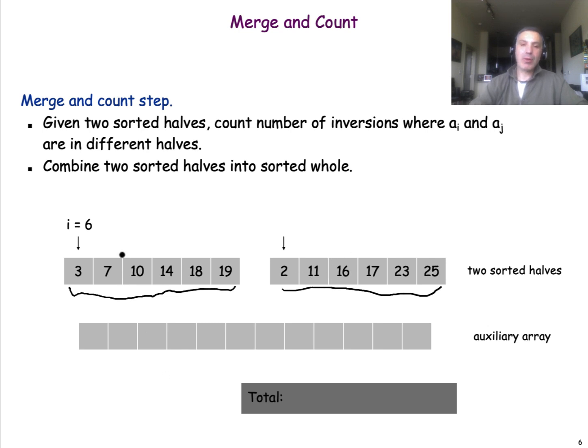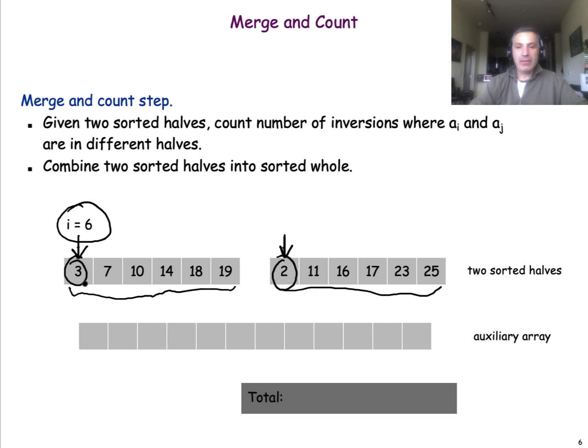So similar with what we did in merge sort, we can maintain a pointer to the first element of the left array and the first element of the second array, the right array. The only difference being that here we're also keeping track of, for the left array, how many elements it currently has. As we did in merge sort, we're comparing these leftmost elements.